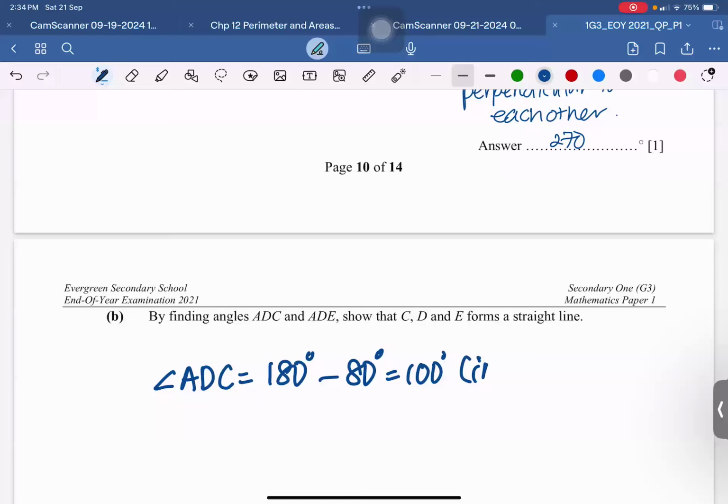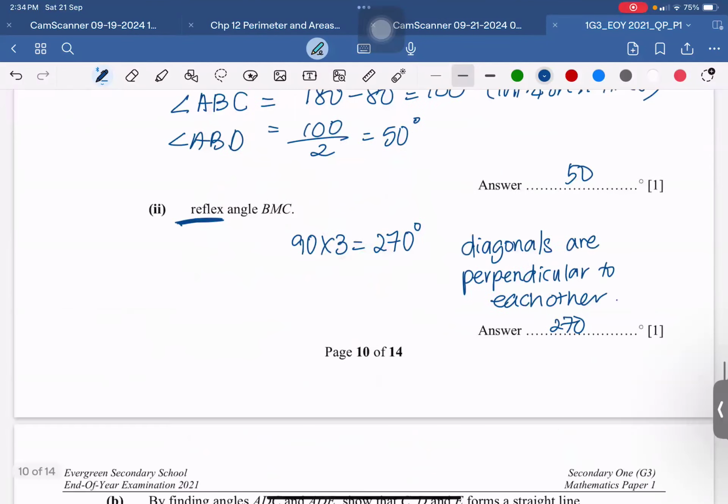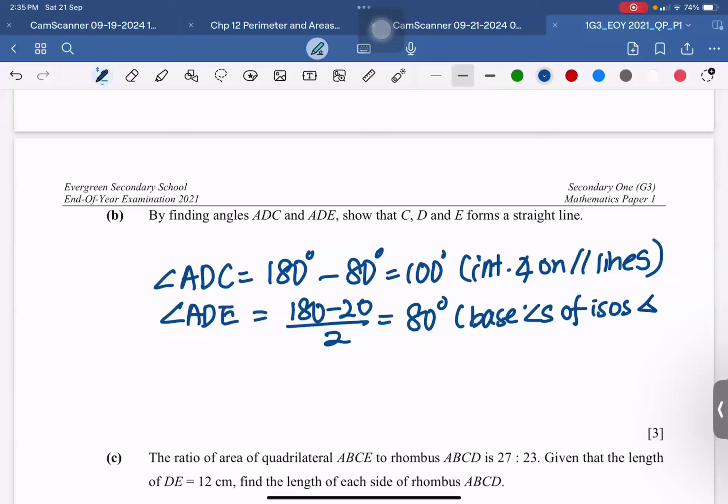This is for interior angle. The one over here. Then I'm going to find angle ADE. It's isosceles triangle, and it forms 80 degree, base angle of isosceles triangle.